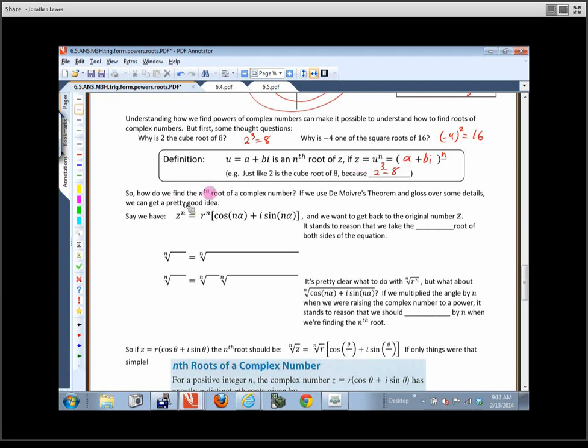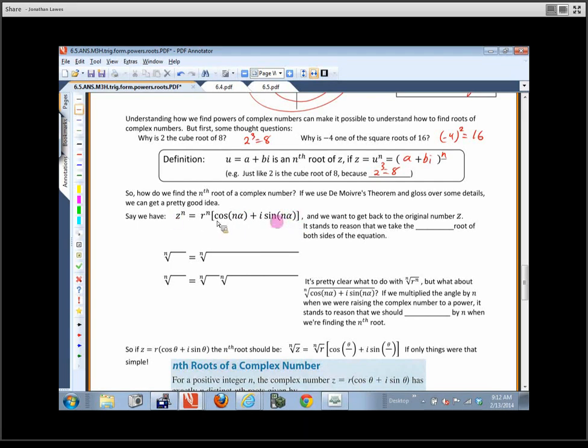So how do we find the nth root, second root, fourth root, 18th root, 7th root of a complex number? If we use De Moivre's theorem and kind of gloss over a couple of the details, we can actually figure out what this would be. So if I have z to the n equals r to the n, times cosine n alpha plus i times sine n alpha.